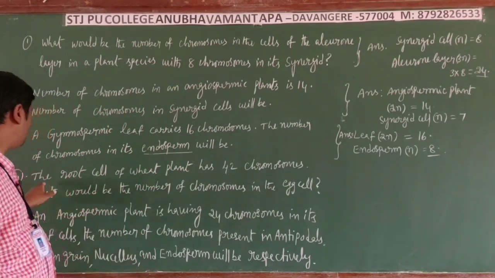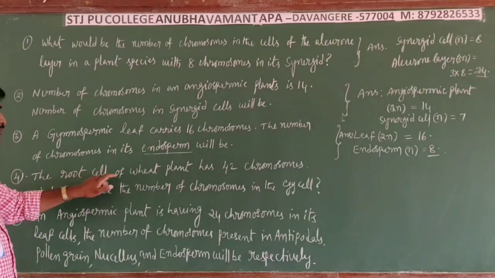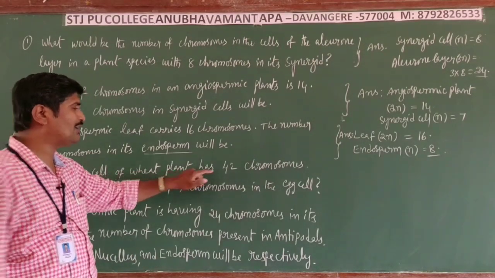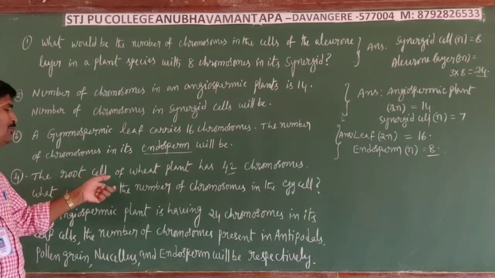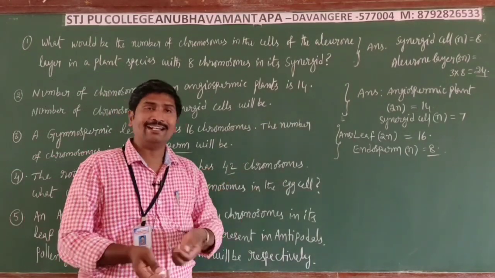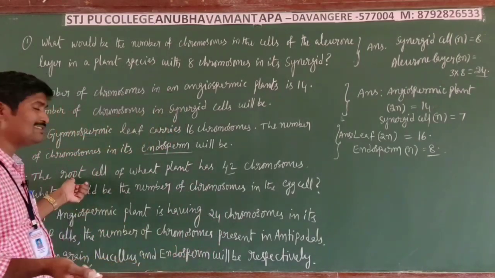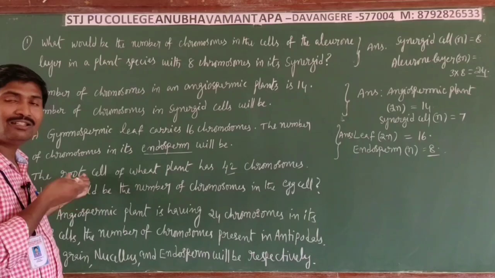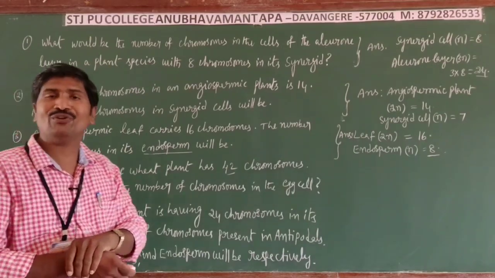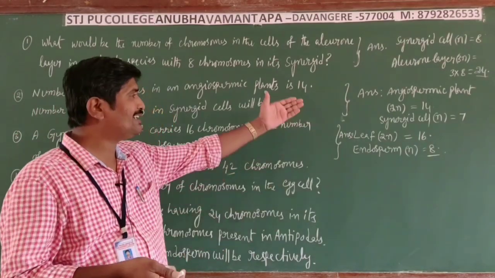Next one: the root cell of a wheat plant has 42 chromosomes. What would be the number of chromosomes in the egg cell? Root, leaf, stem are the main parts of the sporophyte. The sporophyte is diploid.